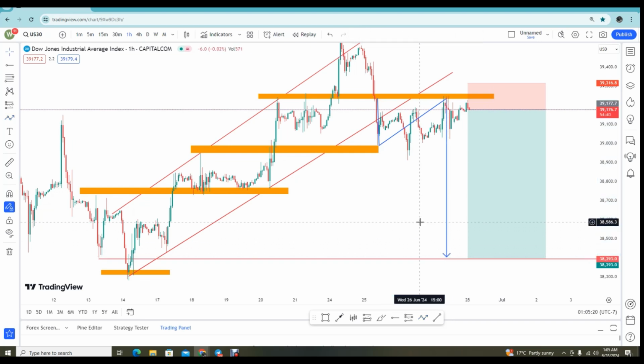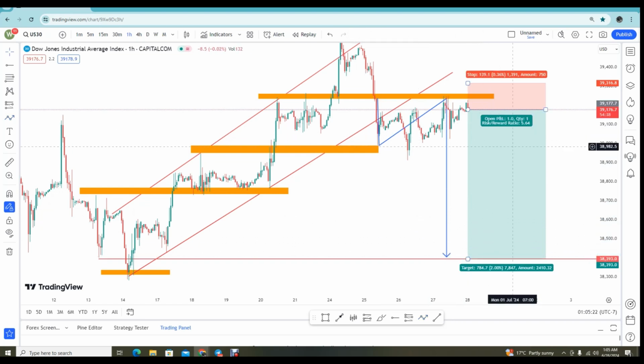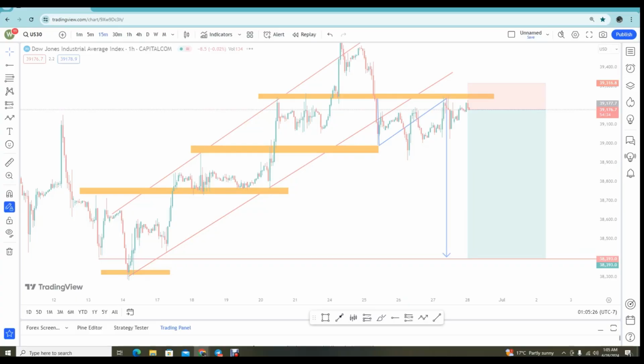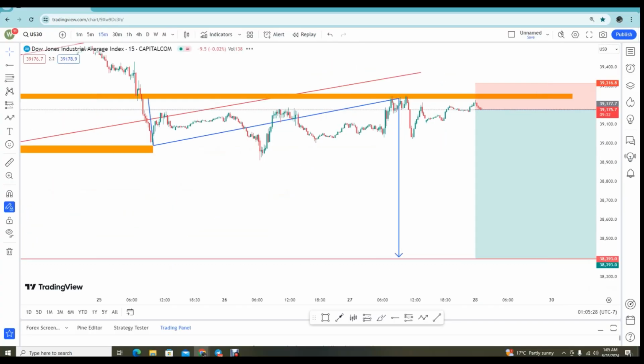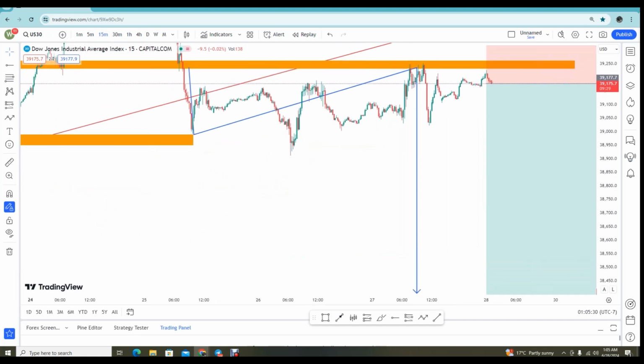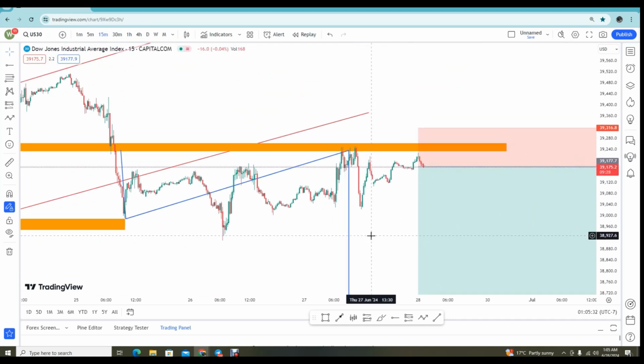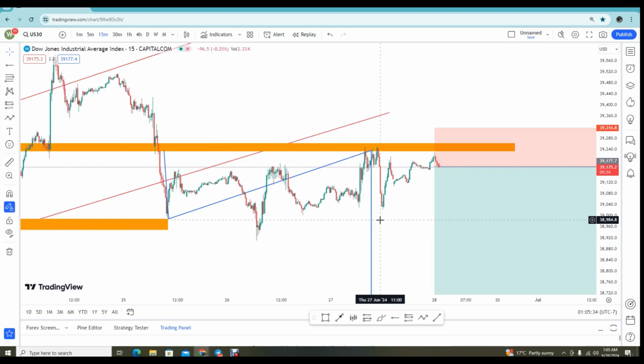You feel me? So all we need to do in order to catch all these pips, we're gonna switch, let's say, to the 15-minute time frame. On the 15-minute time frame, I already have the direction of the market, which is a downtrend.